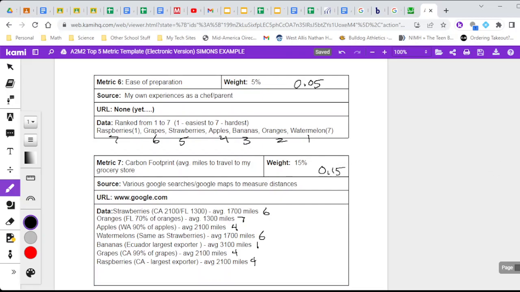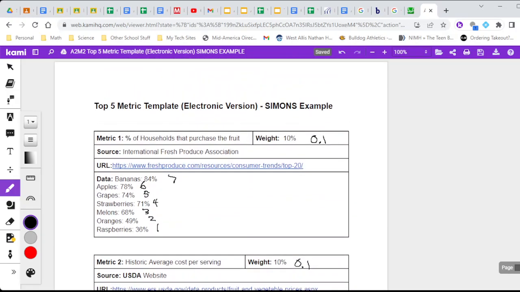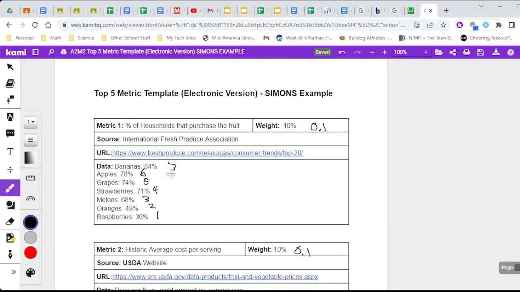Okay. And what you'll find doing these is that some of these are really easy to multiply. Like whenever you multiply anything by 0.1, it's basically like you're multiplying it by 1, and then you just move the decimal point over. So 7 times 0.1 is just 0.7. So that would make this 0.6, 0.5, 0.4, 0.3, 0.2, and 0.1, right?